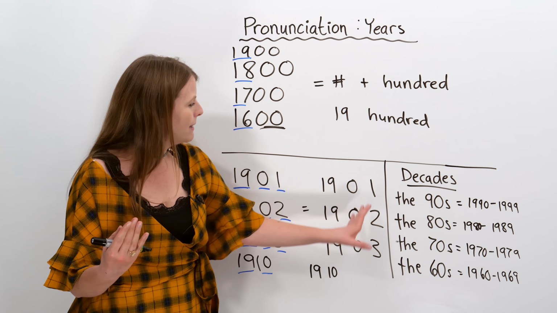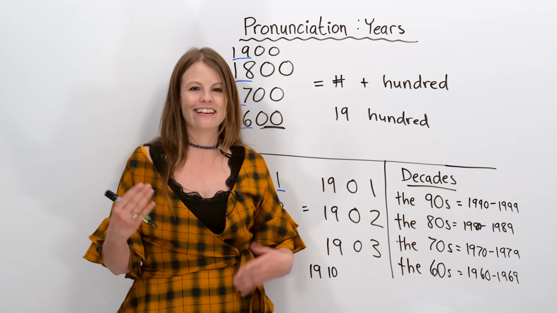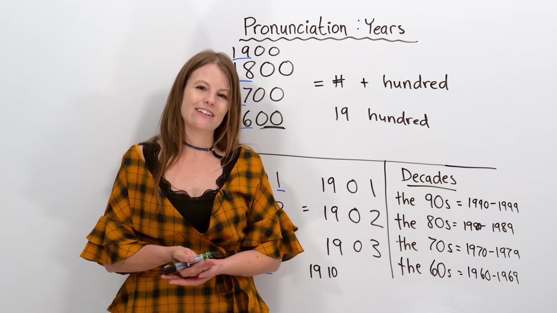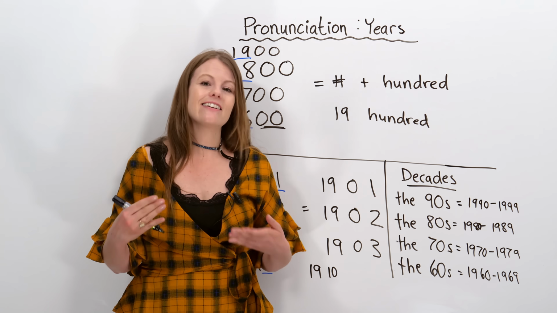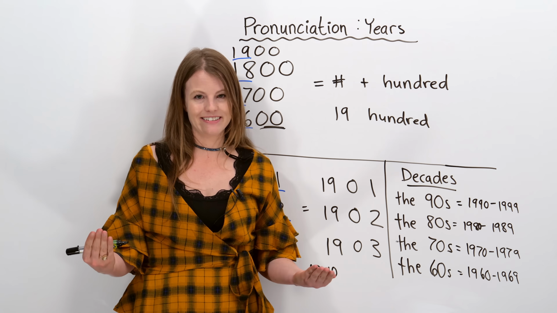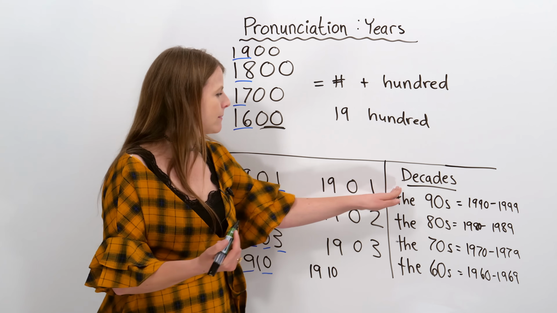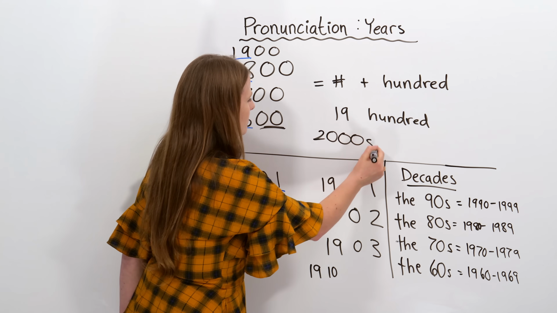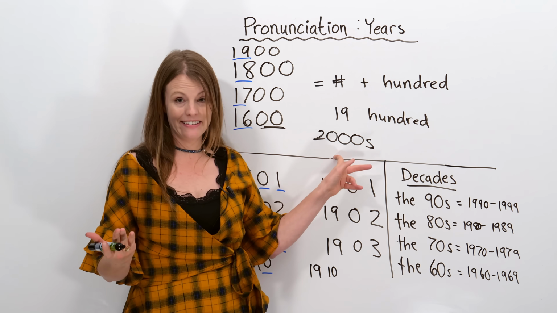Now, you might notice that we have the 90s, the 80s, the 70s, and so forth. What do you call the decade of the 2000s? The truth is, there is no consensus. Different people call it different things. So when we talk about the decade, and we're talking about this, some people might say the 2000s.